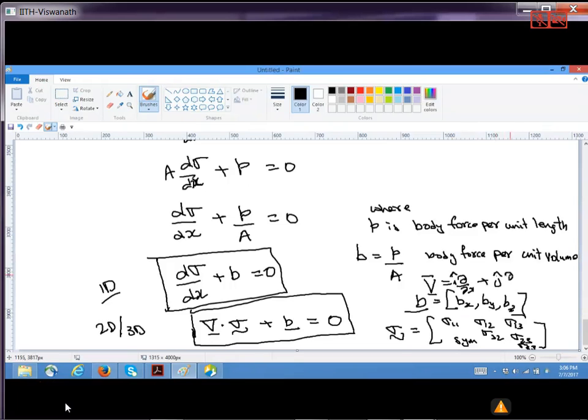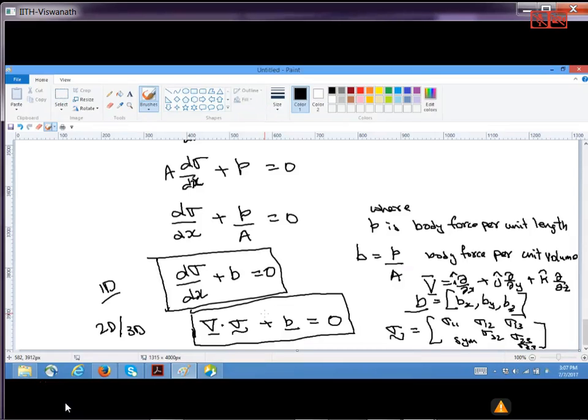So this operated on this tensor plus b bar will equal 0. The partial derivatives get complicated. I changed it to sigma tilde and b bar. It will come in this manner, but the derivation took a different path; you have to start at the summation of forces in the x, y, and z directions.